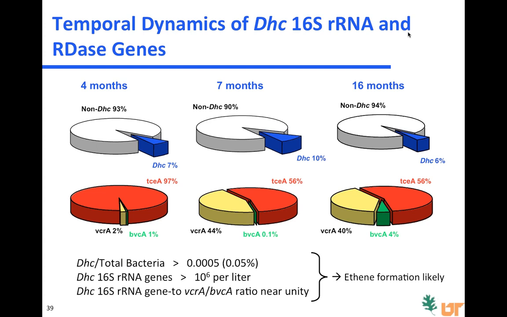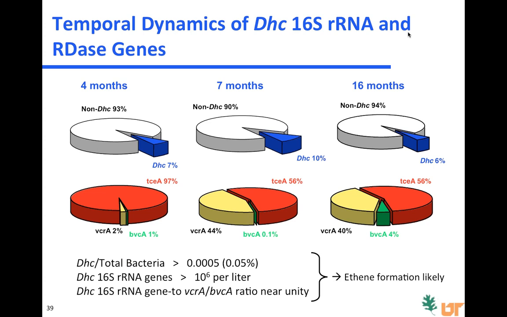Before we did this treatment, the D. helicoccoides were below 0.001% of the total bacteria. So this treatment significantly increased the number of D. helicoccoides, and that is associated with the observed dechlorination rates.